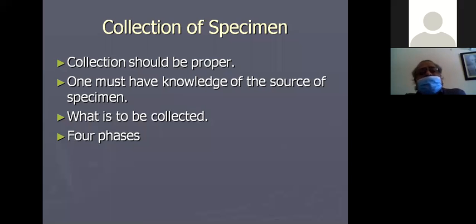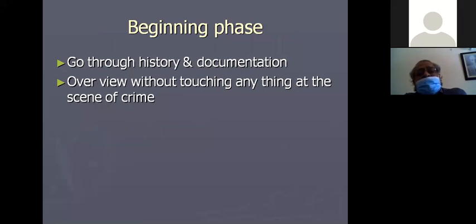In the first phase, just go through the history and documentation. Overview without touching anything at the scene of crime. Don't touch anything. Just take a bird's eye view.